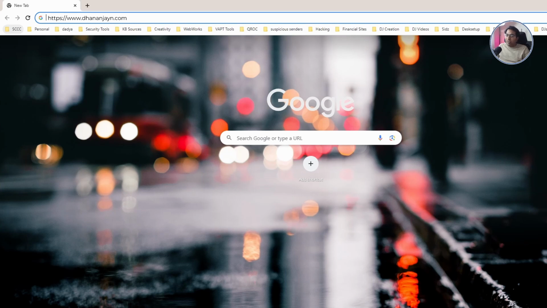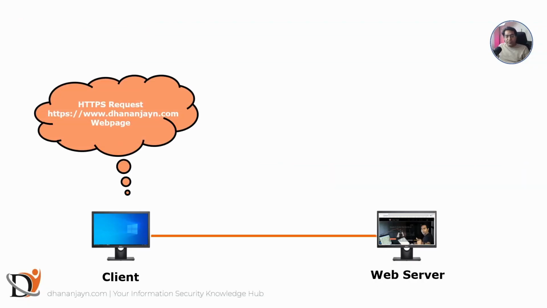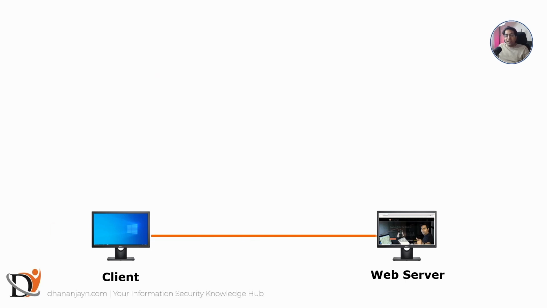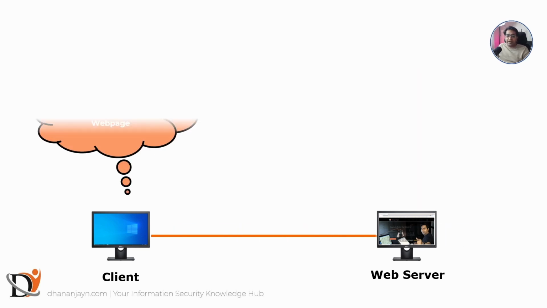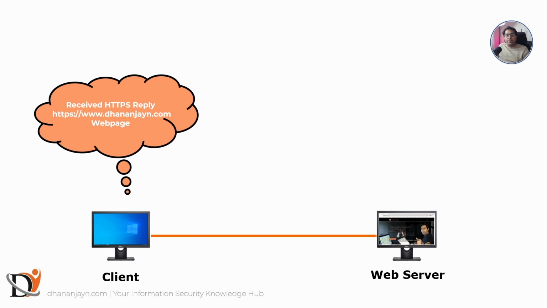If you carefully look at the address bar, you will see HTTPS being used to access this particular website. So the client will generate an HTTPS request. The request will be sent to the web server. Then the web server listens to that request on port 443 and responds back with an HTTPS response.